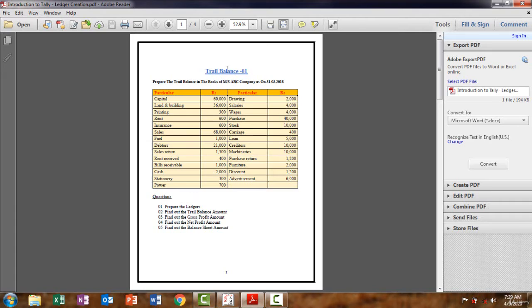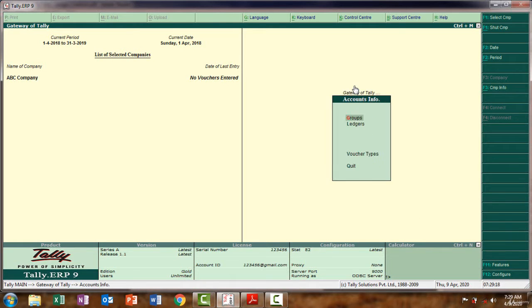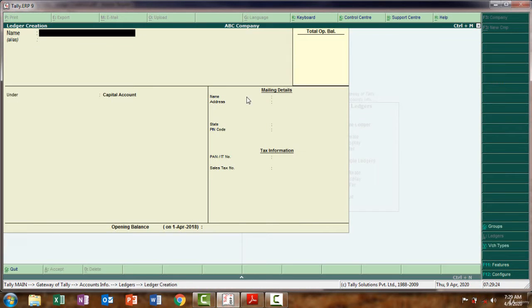First I have to see the question. The first one is the capital account, and we have to enter 60,000. So first I go to the Gateway of Tally, then Account Info, and go to Ledger, then Single Ledger, to create a single ledger. We need to type here capital.